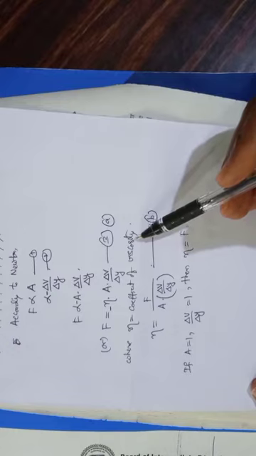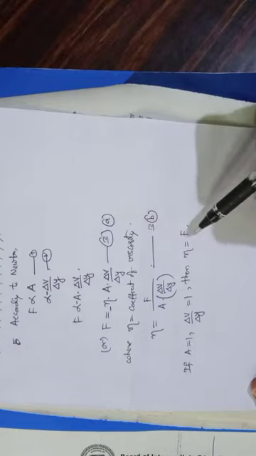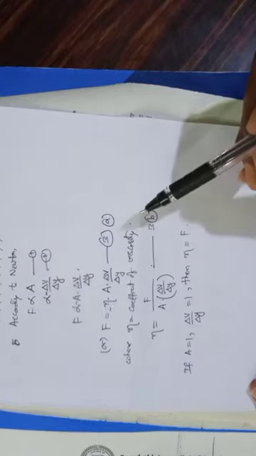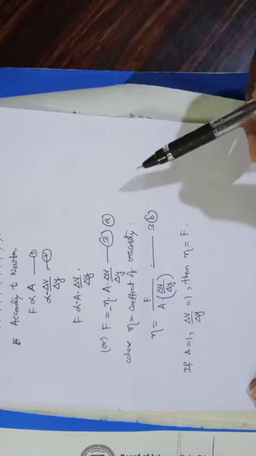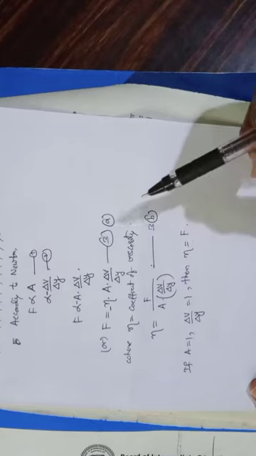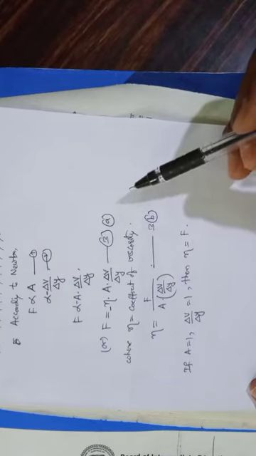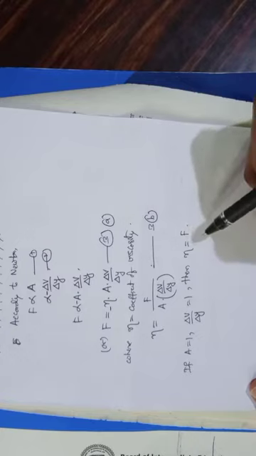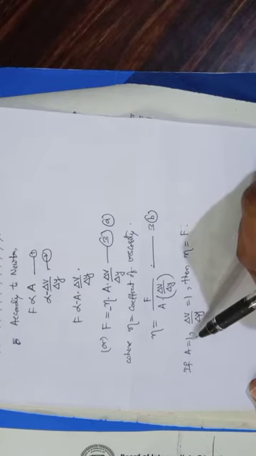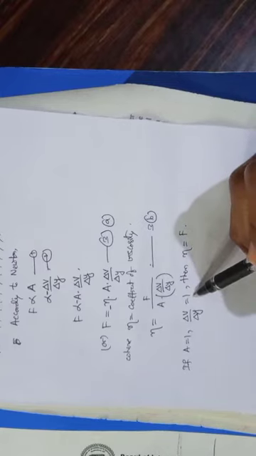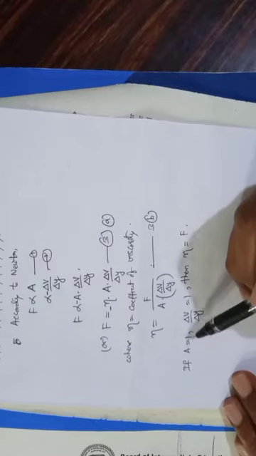We can define this as follows: when the area of the fluid layer is 1 meter square, between two adjacent layers, and the velocity gradient is unit velocity gradient and unit area.